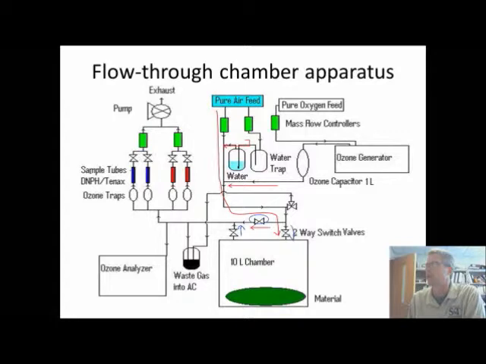This is a sample down here, and all of this over here on this side is not associated with the chamber as set up right now, but this is for measuring byproducts that might be generated in the reaction of ozone with surfaces.